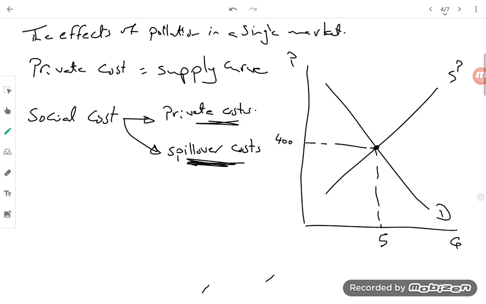As a result, we are going to have a new supply curve, which is SS, supply curve from the point of view of the society. And at this point, this is the new equilibrium point at quantity equivalent to 4 and a higher price level, which is 500.